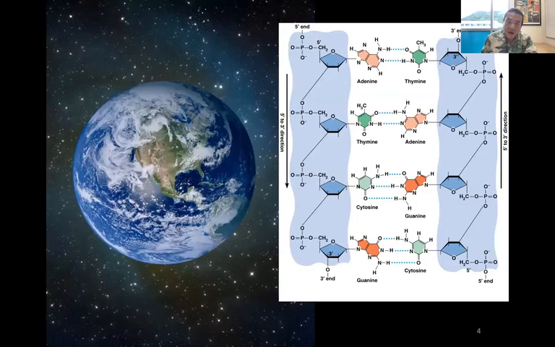All life on Earth uses this address. This address, as far as we know, is unique to planet Earth. I've already shared with you this broader way of thinking that in reality, the DNA molecule that you see here is just atoms, right?